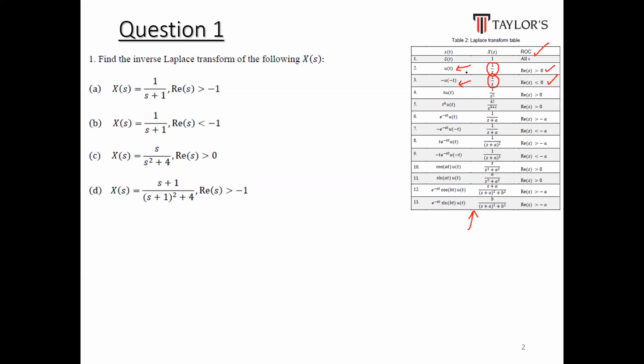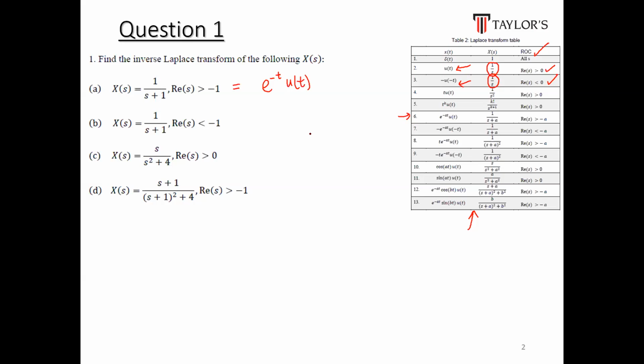So now let us look at A, 1 over s plus 1. Immediately you found out that it is here. So you should have e to the power of negative t, u(t), if the real part of s is greater than negative a, in our case negative 1. So that is the answer directly. You can straight away write, no longer e to the negative at, it's just e to the negative t and u(t).